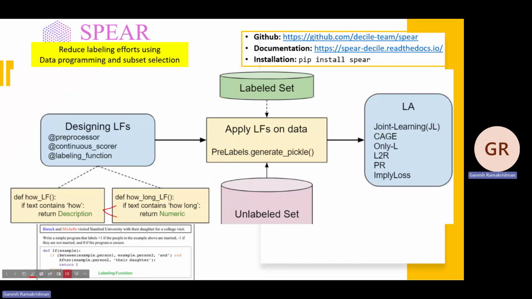Because what Snorkel does is it treats all rules on equal footing. It didn't have a notion of prior. As a result, every time we would try to learn models, it was very unstable. So we wrote a paper where we showed that if you just flip the parameters, the likelihood is still maximized.